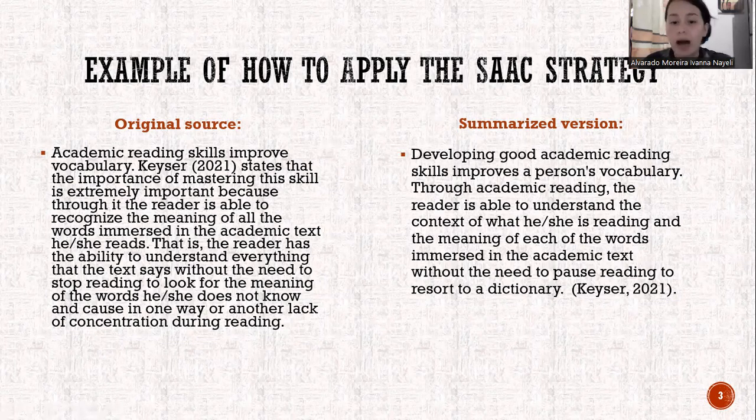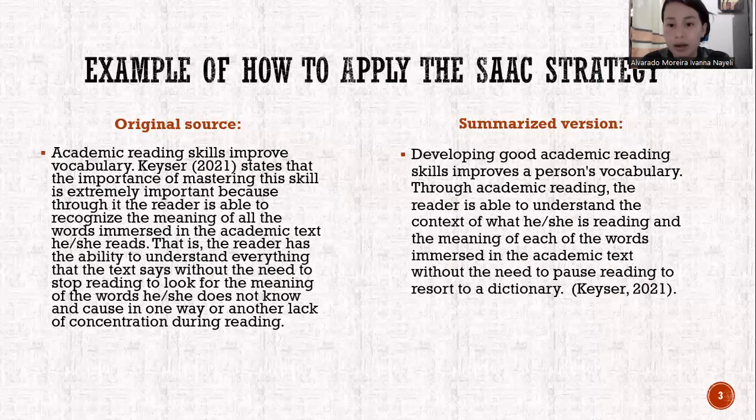That means the author's name. Then the third letter of the word means action. That means what the author is doing. And the letter C of the word means complete. In this case, it is the sentence or summary with keywords and important details.